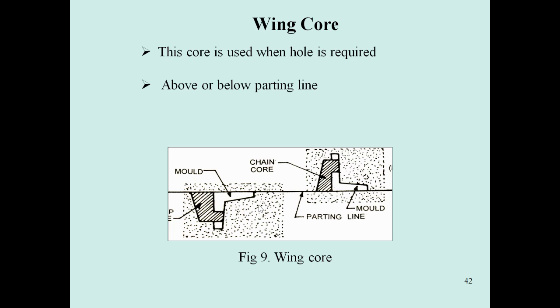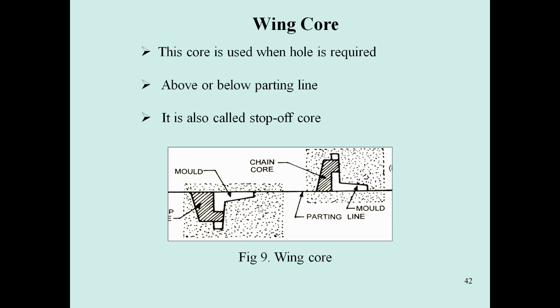This core is used when a hole is required. Wing core is used when a hole is required either above the parting line or below the parting line. It is also called a stop-off core.